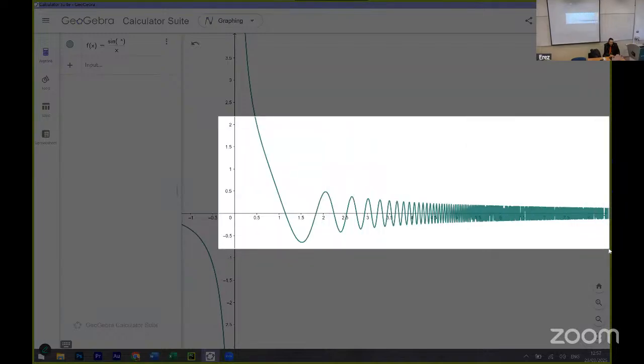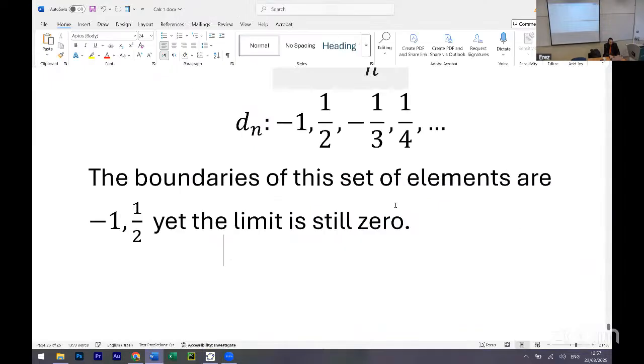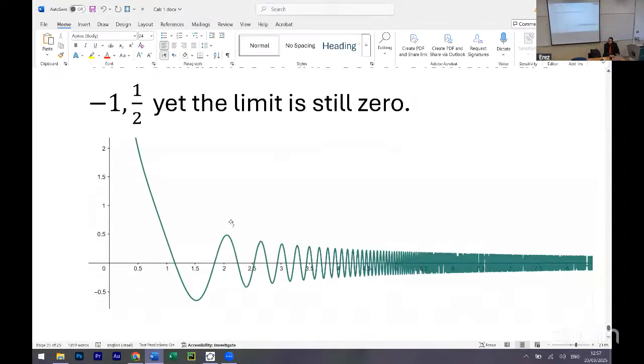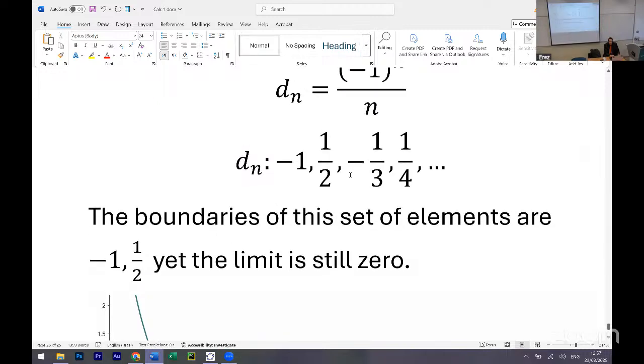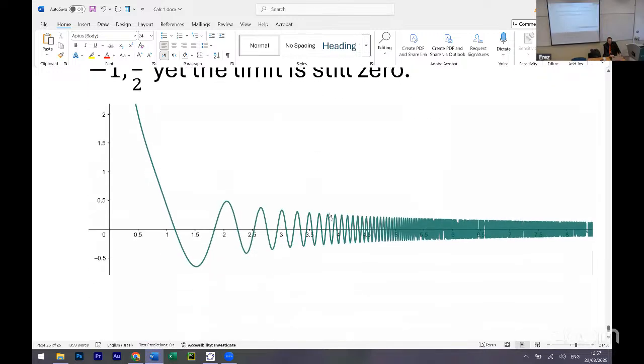What would you say the limit of this function is? It's not a sequence yet, but it's basically the continuous version of this sequence, right? What is the limit? Zero. It's 0, right? First of all, let's agree on that, because the function tends to 0. It's not decreasing, not monotone, but still the limit is 0.